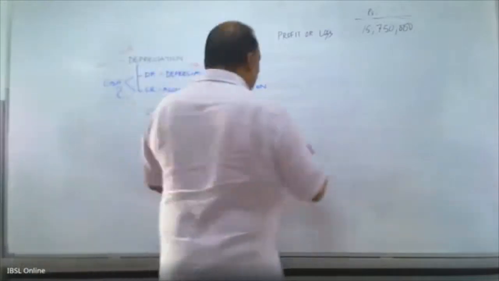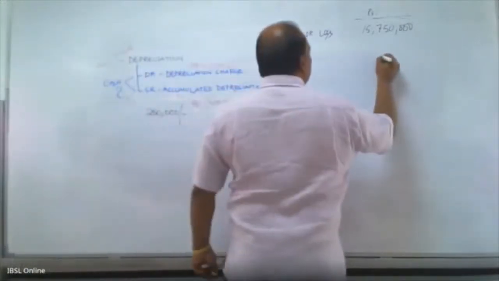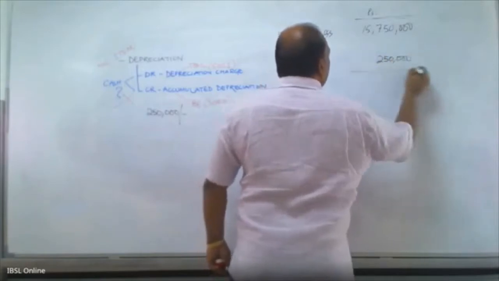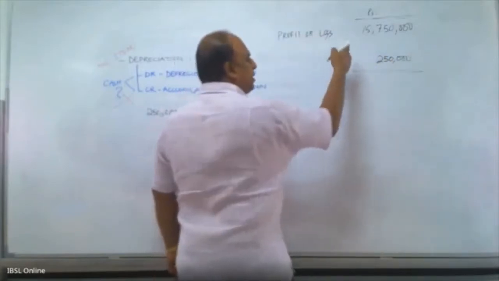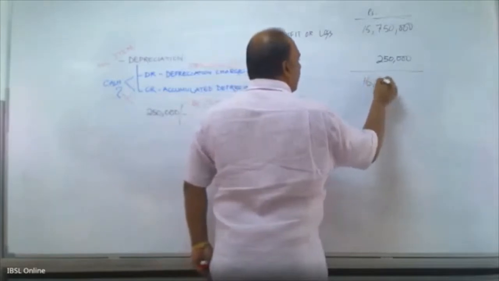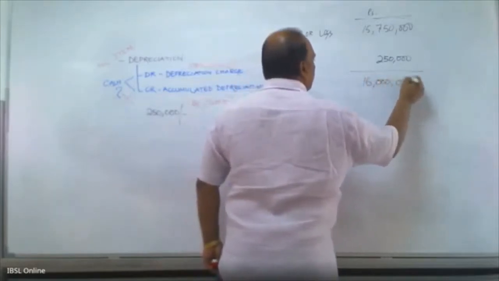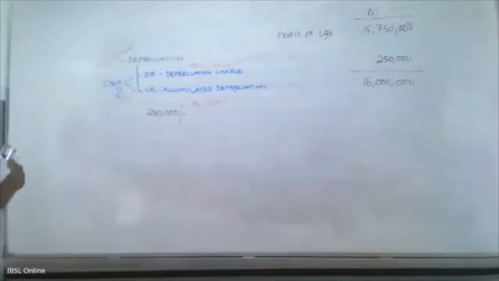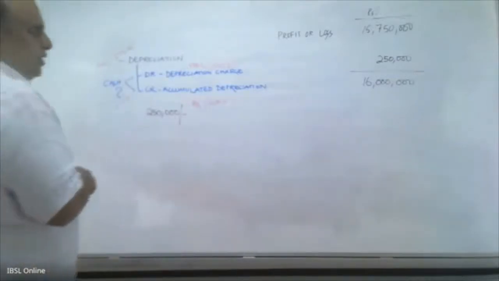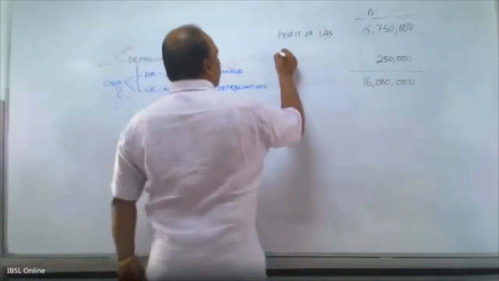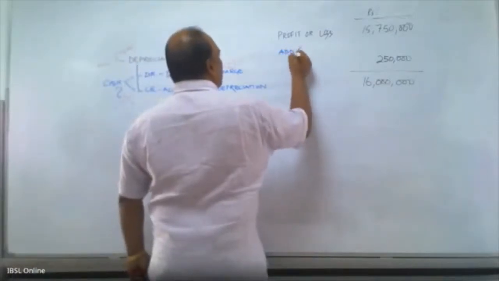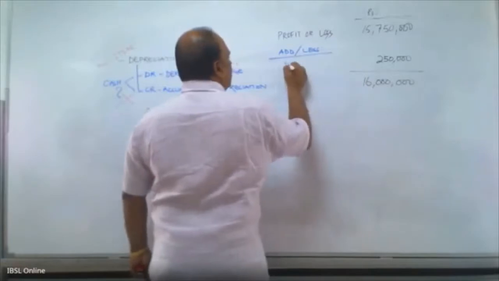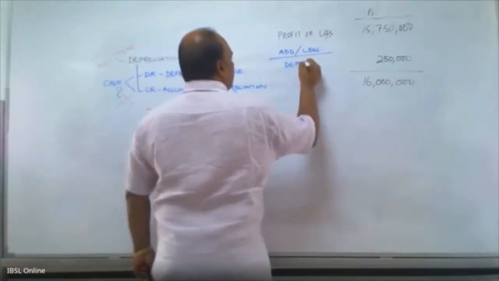So, if I don't consider this depreciation, I would have added this depreciation, then it would have been 16 million. So, when you are preparing cash flow under the indirect method, this is one of the first adjustments that you do. Depreciation, you have to add.